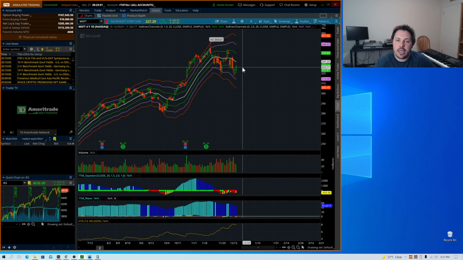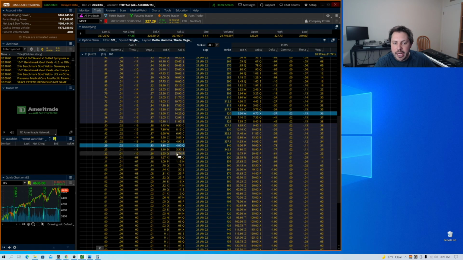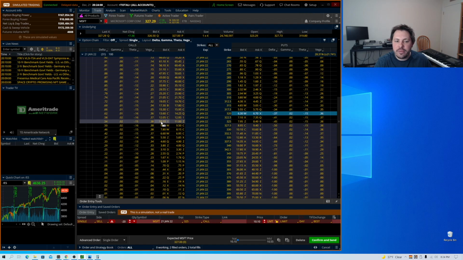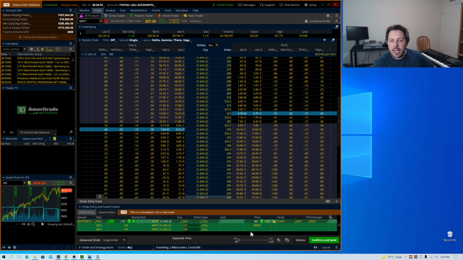Instead of creating that spread above the market, if we thought it was going to stay around 325, we could sell 2 of these, and then do our 5-point spread. So we would buy the 320, and then buy the 330, and again we'll do just one contract.